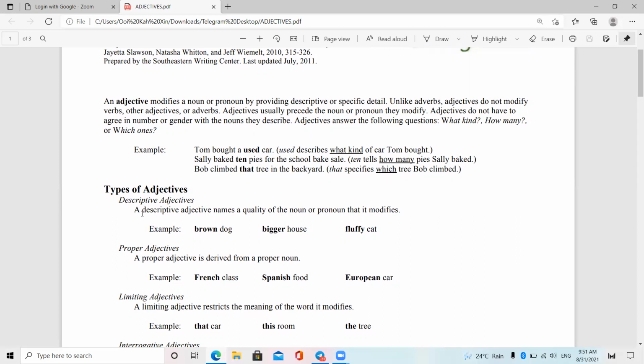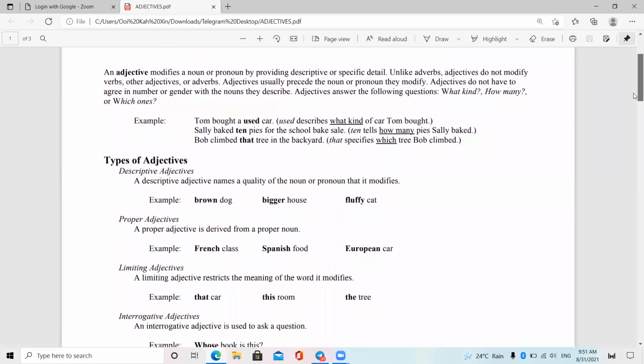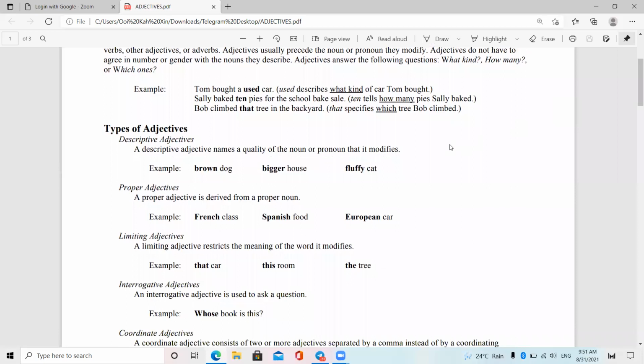Types of adjectives. A descriptive adjective names a quality of the noun or pronoun that is modified. Examples: brown dog, bigger house, fast cat. A proper adjective is derived from a proper noun.